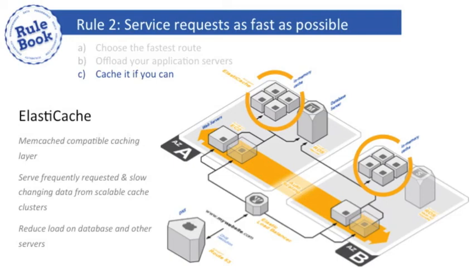So shown in the diagram here, I fronted my RDS master and slave with an in-memory cache built on ElastiCache that's spread across availability zones, and here I've got automatically created 4 instances in each availability zone that's going to front commonly accessed content, and therefore I can reduce the load on the database server and improve the overall performance of my application, because I'm going to get a much faster hit from ElastiCache than I will from a database. So cache it if you can.